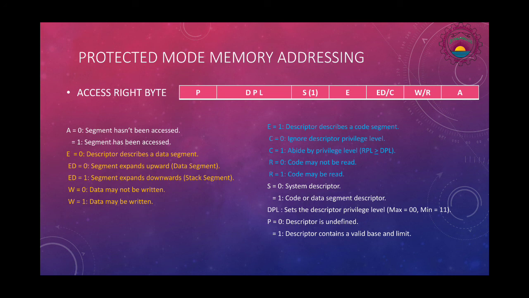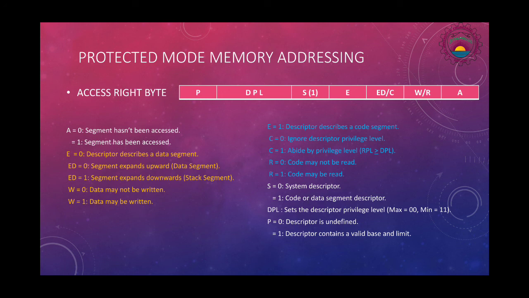Then the R bit is to protect the code from reading. If R is 0, then code may not be read. If R is 1, code may be read from the code segment. Then the last bit is the A bit. The A bit is used by the operating system to keep a record of currently or recently accessed segments.